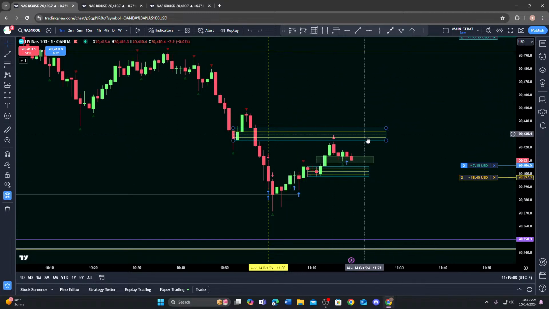Alright, so we have a possible... So if price breaks down below this now green candle here, and it supports it, then we'll have a change in order flow.